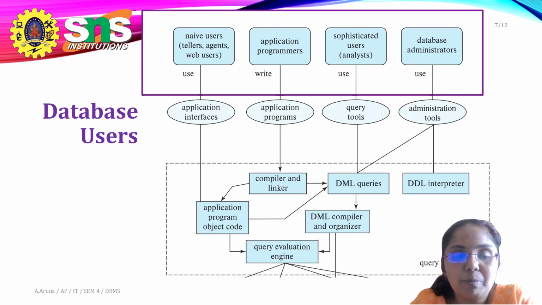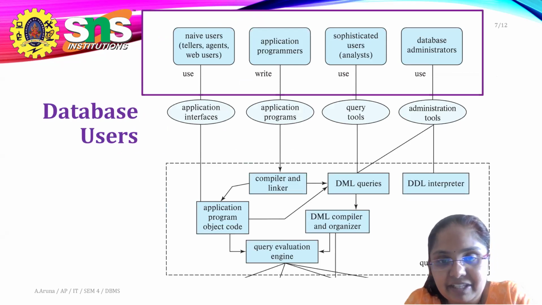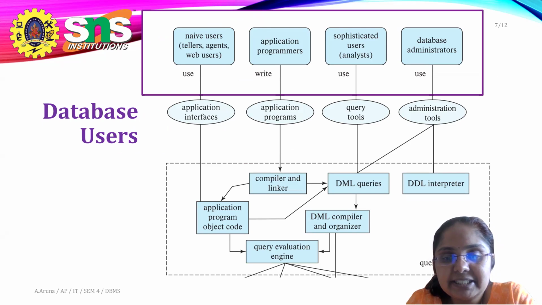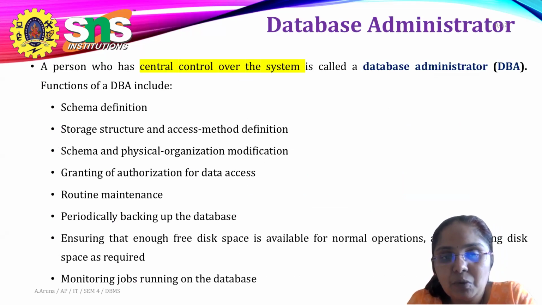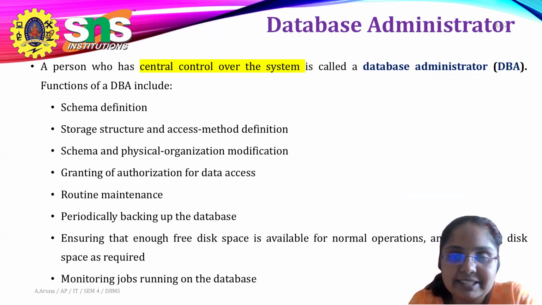The users of the database may be naive users, application programmers, analysts, or a database administrator. These persons can access the database or generate queries through an application interface, application program, query tool, or administrator tool. Through that only they can access the query. Your database administrator is a person who has central control over the system.